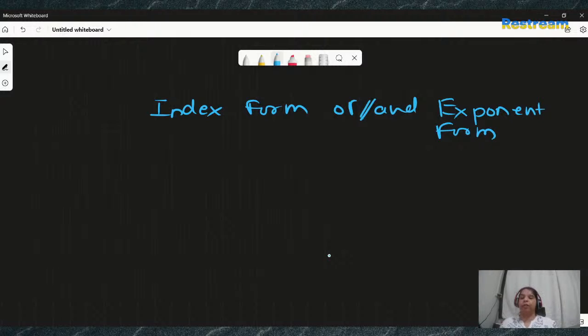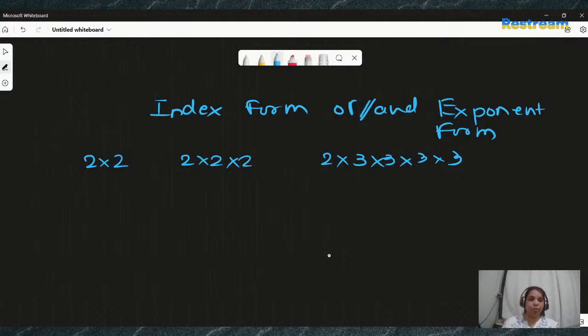Like if we write 2 times 2, it's very easy to write, right? We can write 2 times 2, 2 times 2 times 2, or 2 times 3 times 3 times 3 times 3. But how many times are we going to keep on writing the same number again and again? So that's a problem. So what we do is we write it in something called an index form.